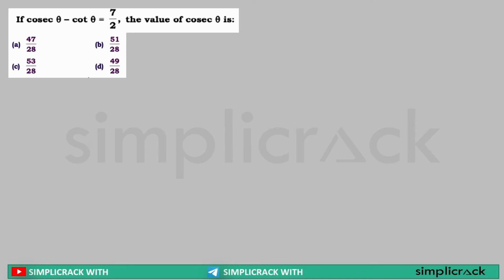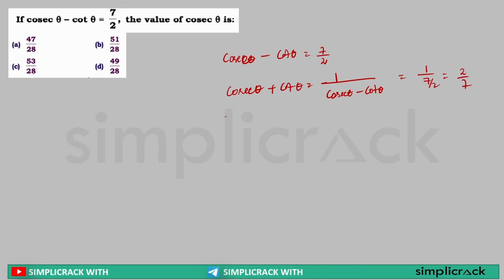Next. Sir, cosec theta minus cot theta is 7 by 2. Sir, you told us cosec theta minus cot theta is equal to 7 by 2. Also, you have told us cosec theta plus cot theta is equal to 1 by cosec theta minus cot theta, which is equal to 1 by 7 by 2, which is equal to 2 by 7. Sir, if I add both, cot theta will be crossed out.